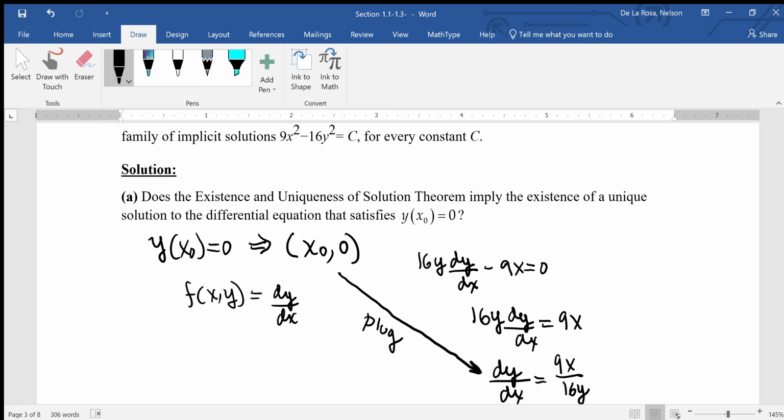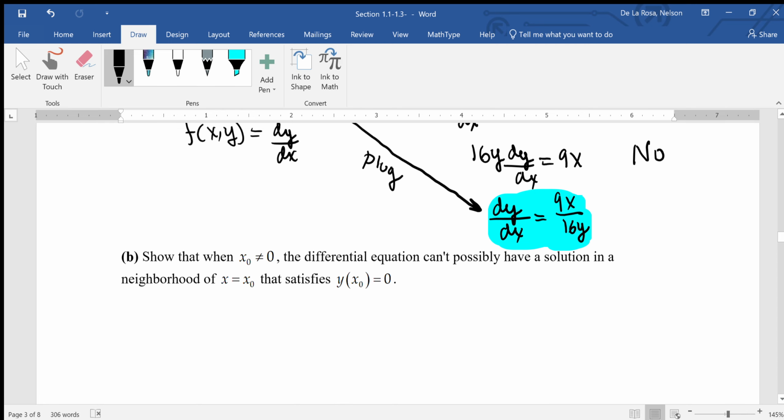So the answer to this question, does the existence and uniqueness of solution theorem imply the existence of a unique solution to the differential equation that satisfies the condition? The answer is no. Why not? Again, if you replace the point in the equation, then we're going to have a 0 on the bottom and we cannot have an undefined expression, right?